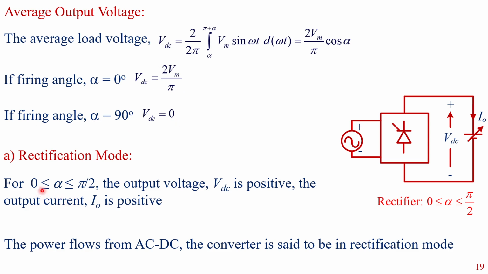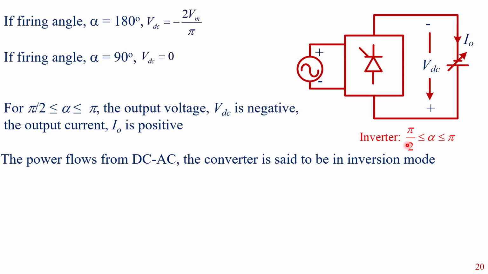If alpha is varied between 0 to pi by 2, the output voltage VDC is positive, and output current is positive, and power flows from AC to DC, and the converter is said to be in rectification mode. If firing angle is 180 degrees, the output voltage is minus 2 Vm over pi, and if firing angle equals 90 degrees, the output voltage is 0.